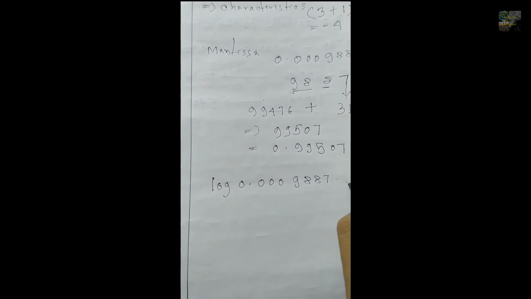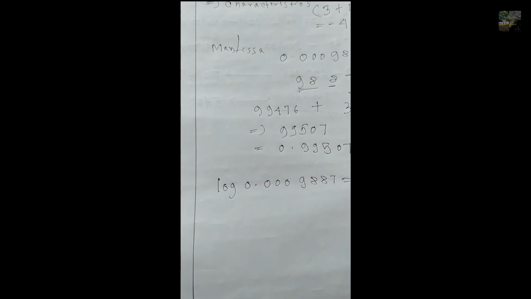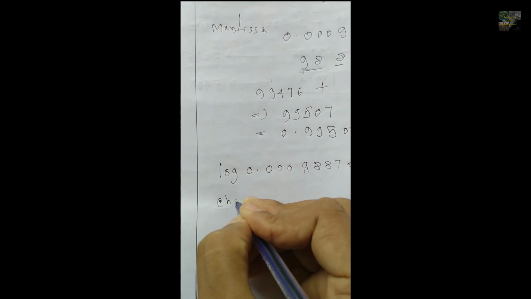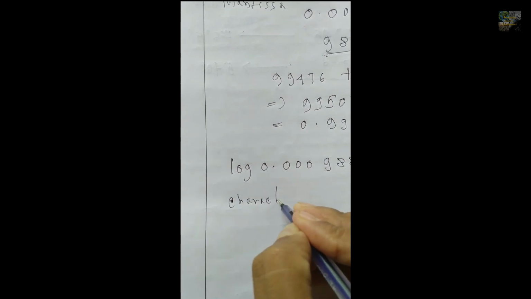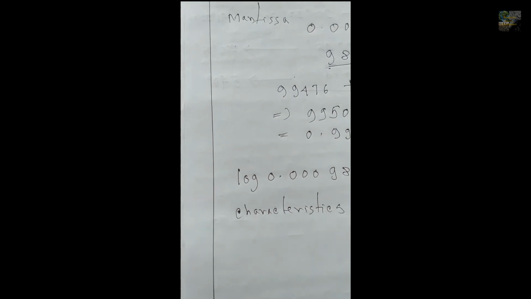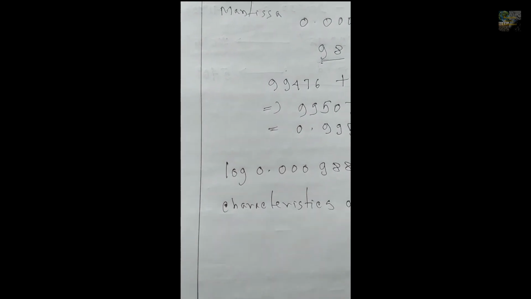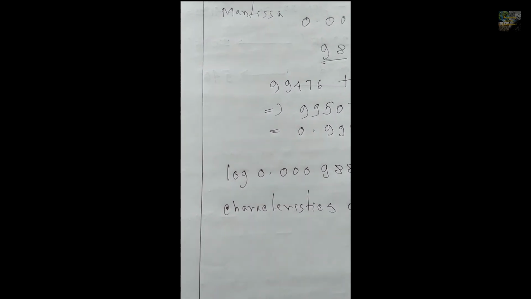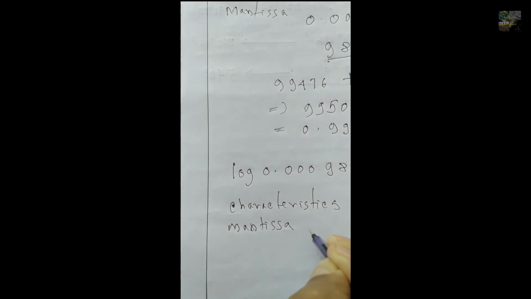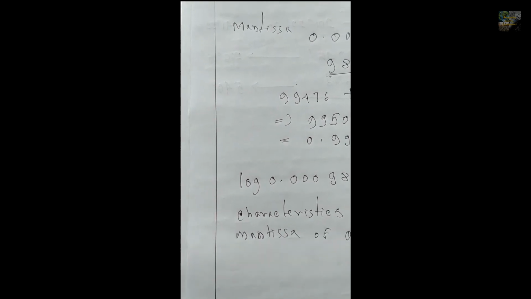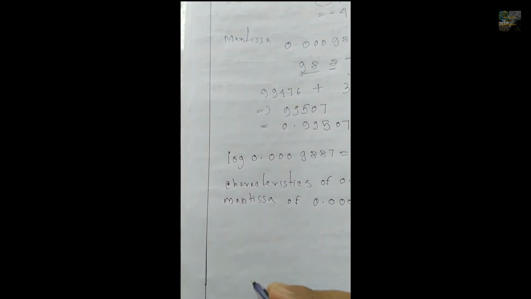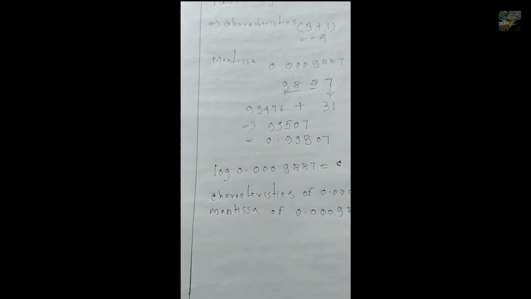So log 0.0009887 is equal to the characteristics of 0.0009887 plus the mantissa of 0.0009887. I have already calculated the characteristics and mantissa of that value.